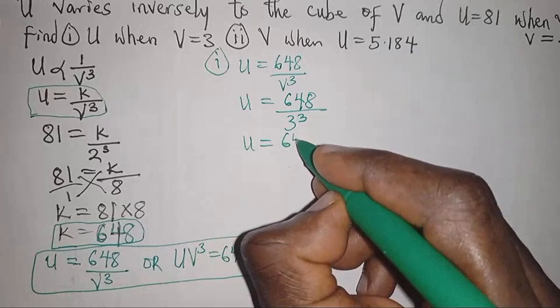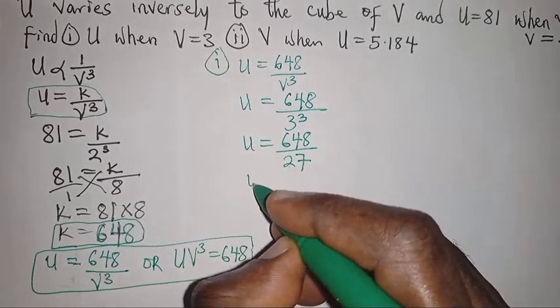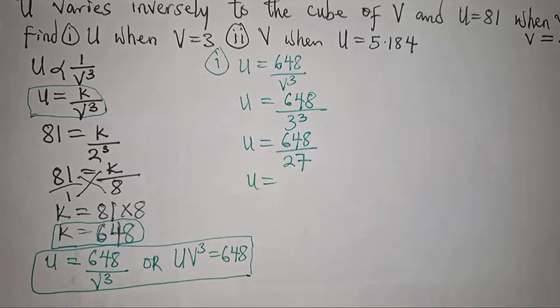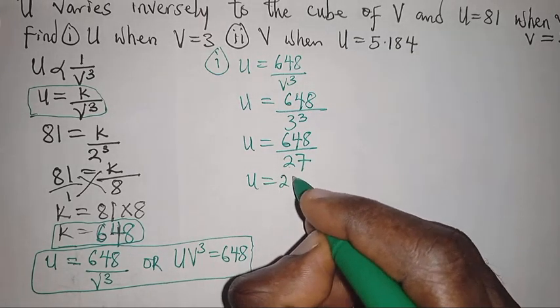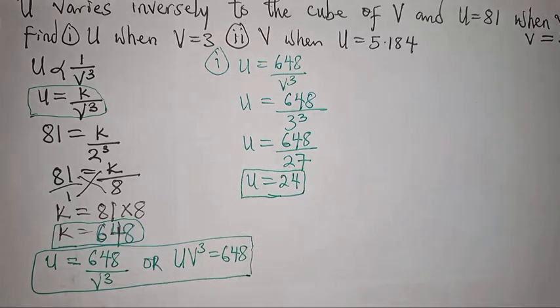What is 3 raised to power 3? It is simply 27. So 648 divided by 27 is simply going to give me 24. So that's the value for u, 24.